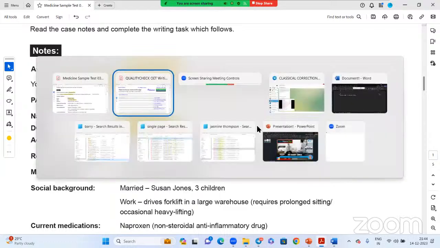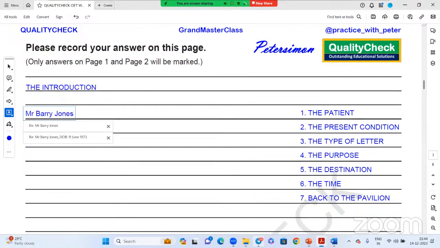This is the name of the patient. Mr. Barry Jones. And what is his present condition?